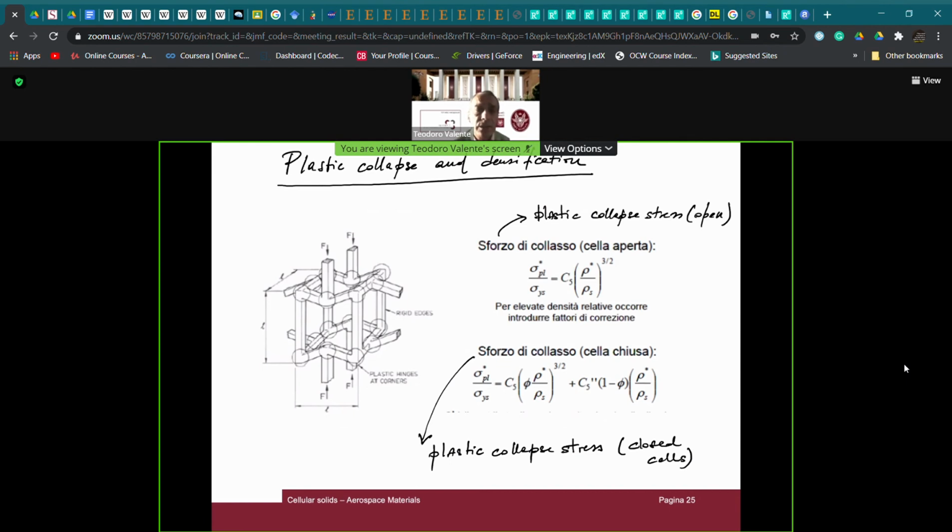It is a little bit complicated theoretically, but in any way, we need to define the case in which we do have an open cell and the case in which we do have a closed cell. We can define the limit stress, what is called here sigma PL, that means for starting the plasticity behavior in both cases.